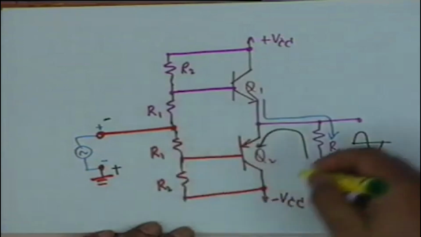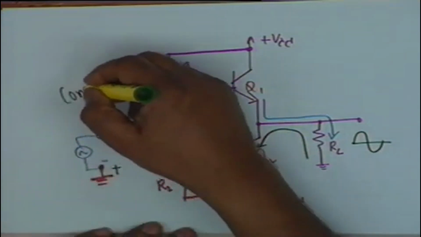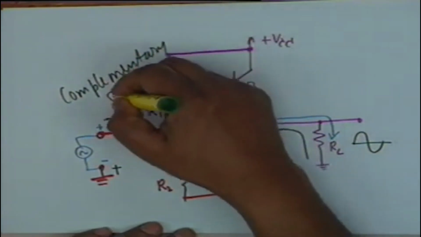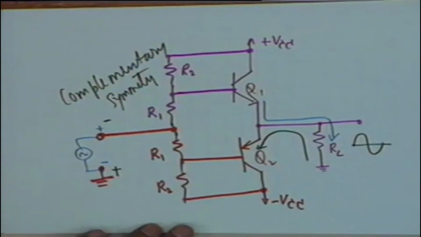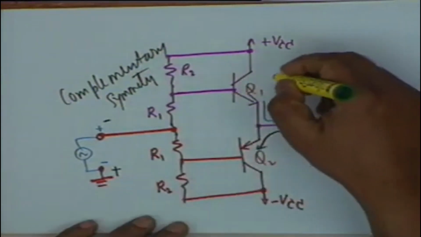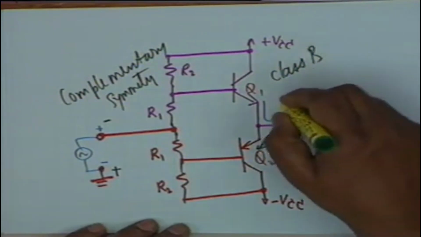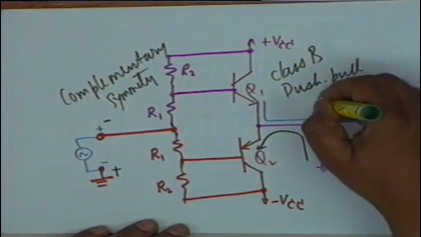And this circuit is the most popular power amplifier circuit. It is called the complementary symmetry power amplifier circuit. Complementary symmetry, you can give other definition, other adjectives. Class B push pull circuit.